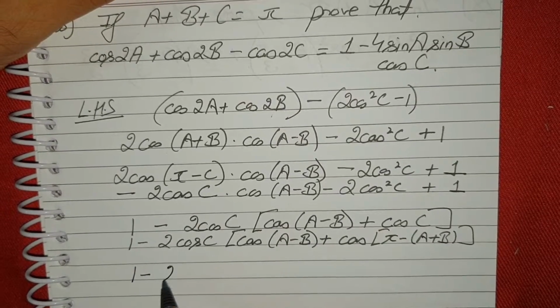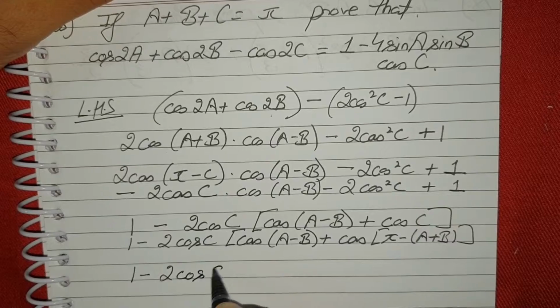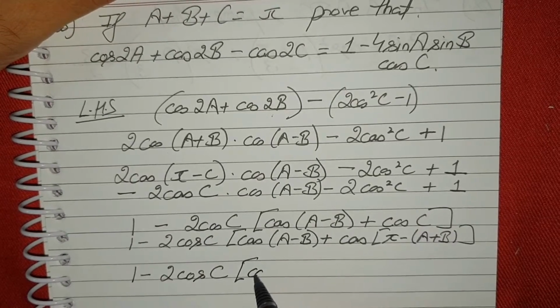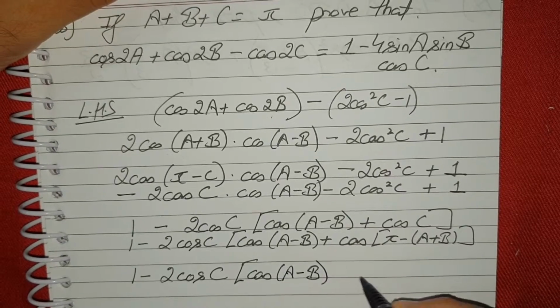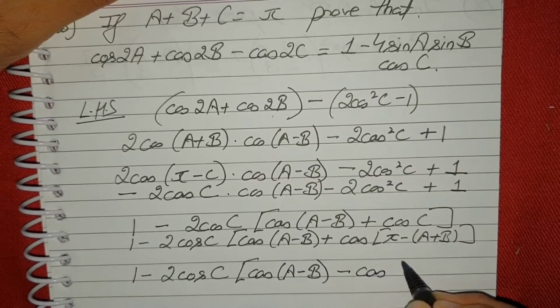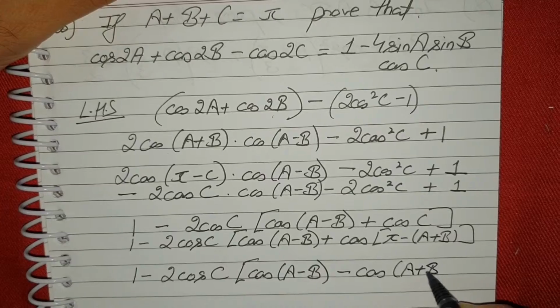So 1 minus 2 cos C into cos (A minus B) minus cos (A plus B).